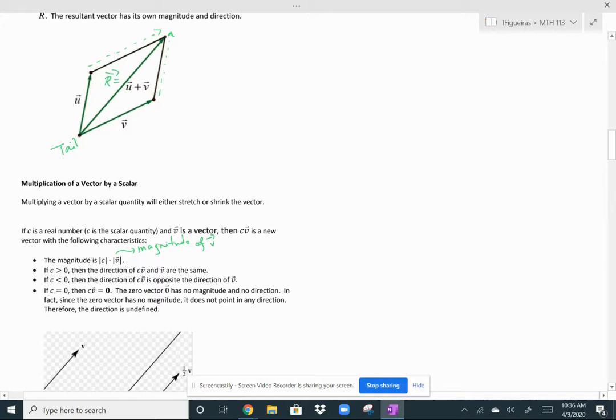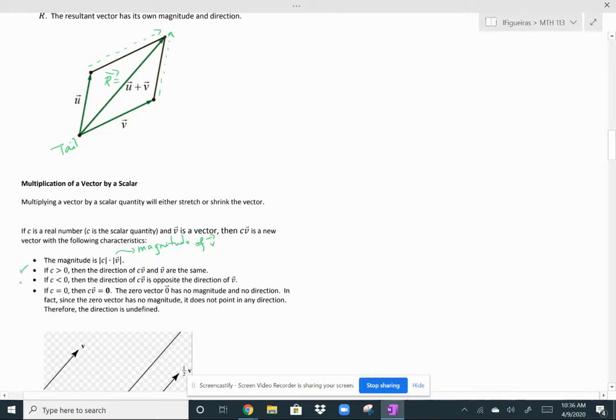So if the absolute value of c is greater than 1, it will make the vector v longer. If the absolute value of c is between 0 and 1, it will shrink. The length of v, or the magnitude, will get shorter. So if c is a positive number, then the direction of cv goes in the same direction as v.